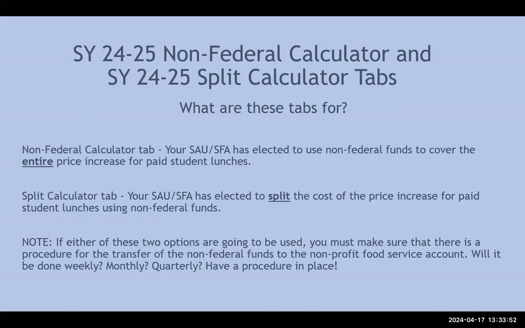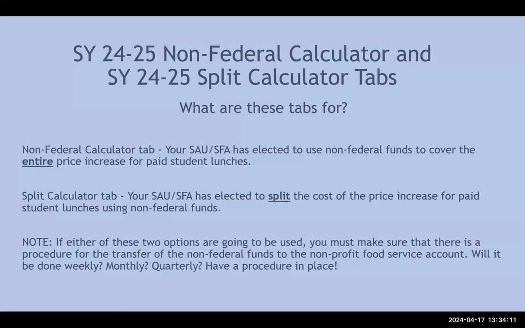I will not be going over these options today, as most of the state does not use either of these options, but I do want to explain what these options are. So the school year 24-25 non-federal calculator and the 24-25 split calculator tabs. What are these tabs for?